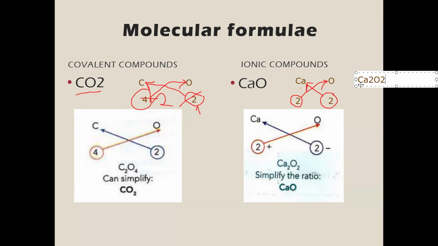And the 2 can be removed with the other 2. We can divide by 2. So at the end, we know that every one calcium needs only one oxygen, calcium oxide. So just to simplify the ratio.